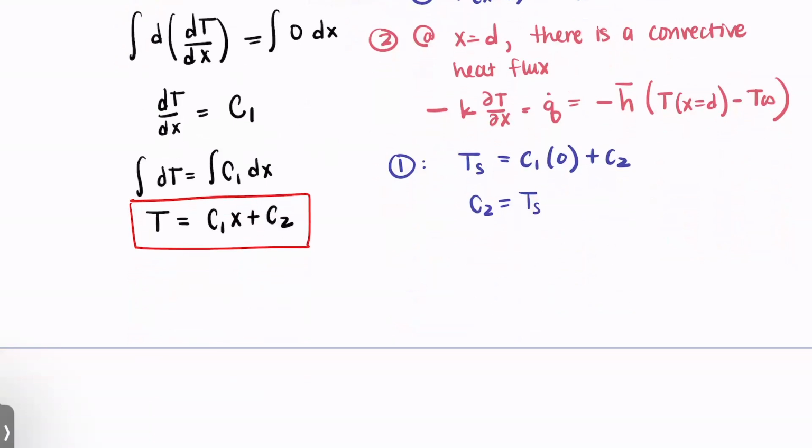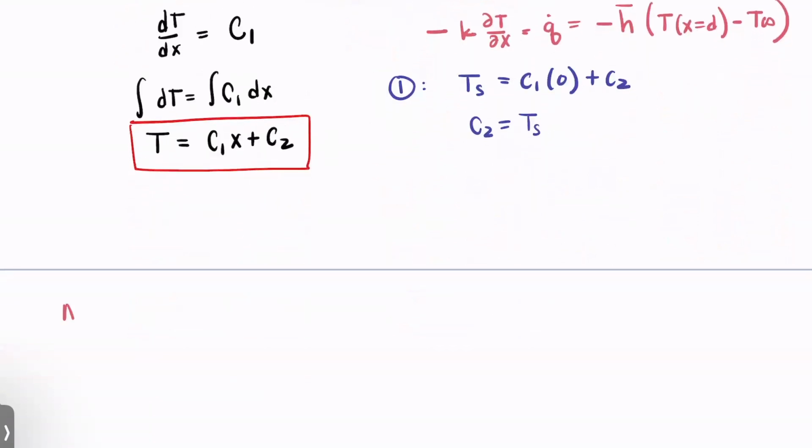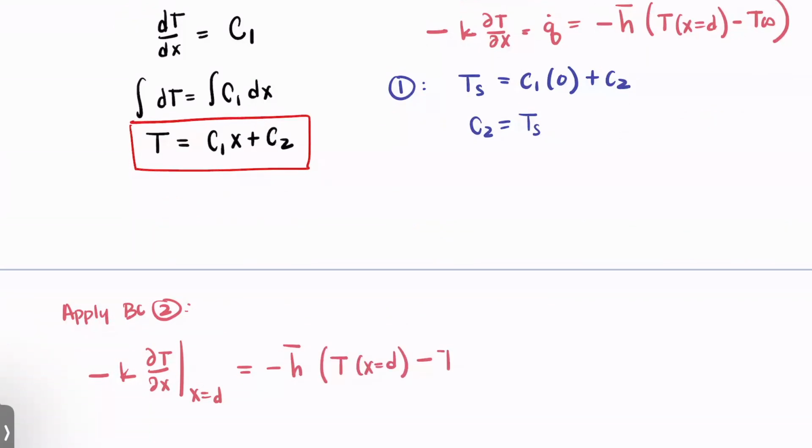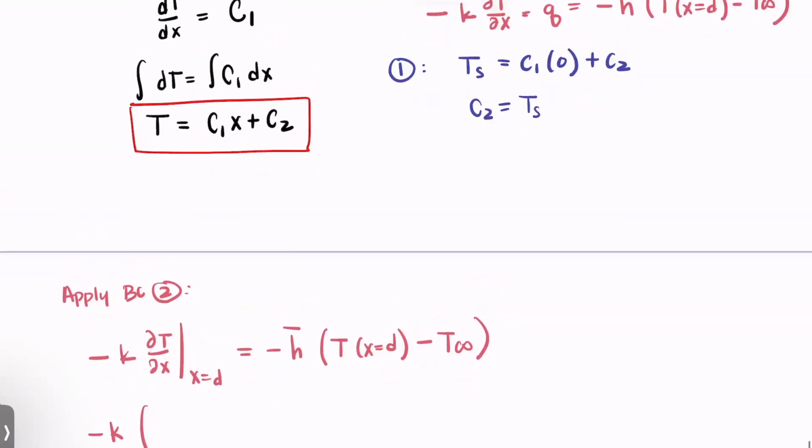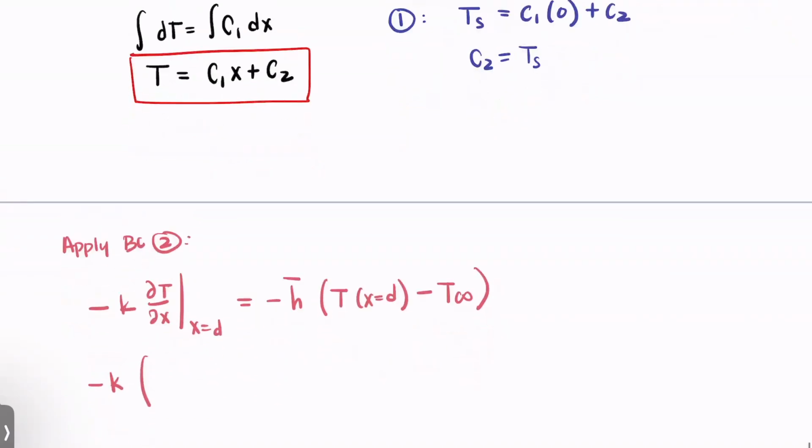All right, and then if we apply boundary condition 2, we have minus k partial T partial x at x equals d is equal to minus h bar times T at x equals d minus T infinity. So we have minus k dT/dx at x equals d, or anywhere, is just C1.